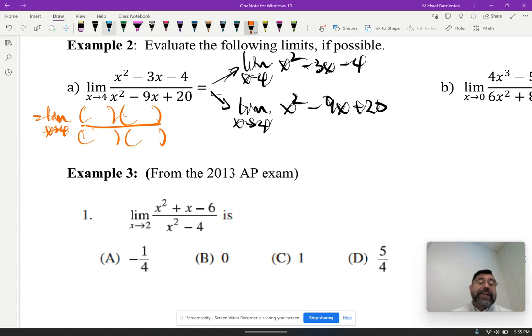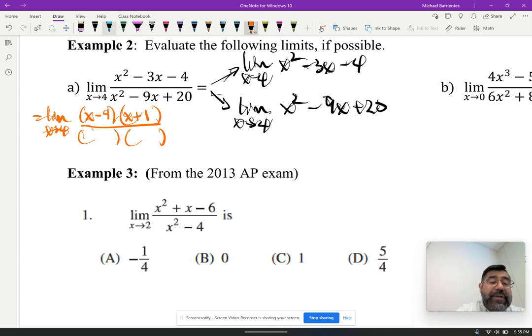So if we factor the numerator, x squared minus 3x minus 4 can be factored as x minus 4 and x plus 1. Right? If I undistribute that, that's going to give me the factored version of that quadratic expression in the numerator.